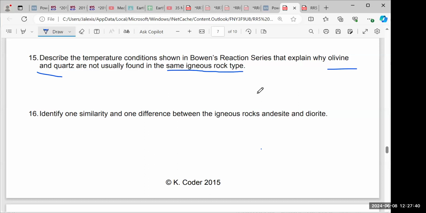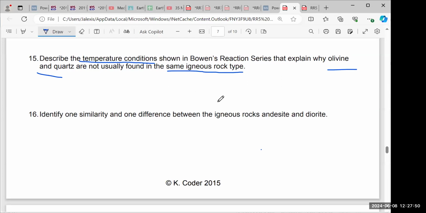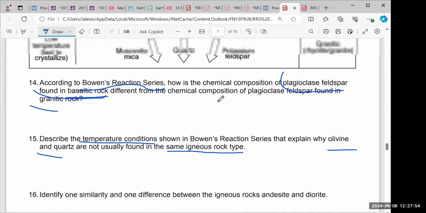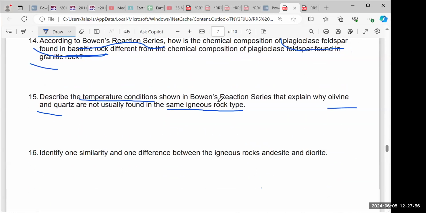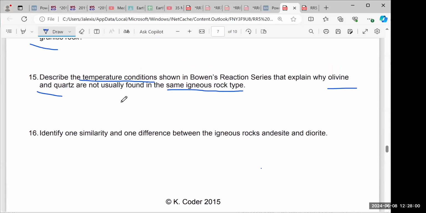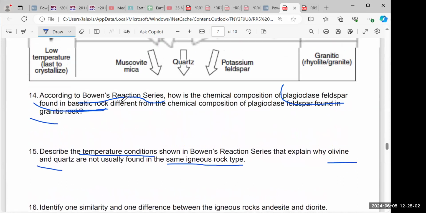It says describe the temperature conditions. We've got to describe the temperature conditions that explain why olivine and quartz are not usually found in the same igneous rock. Well, let's look at olivine. Why is it that olivine and quartz are not found in the same igneous rock, right?